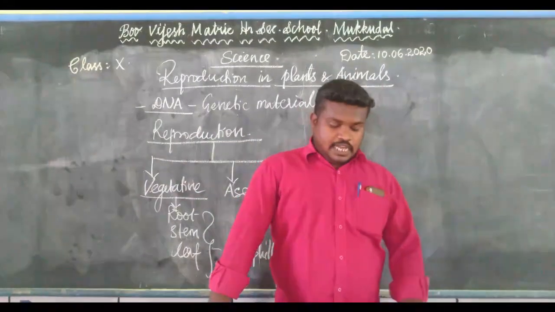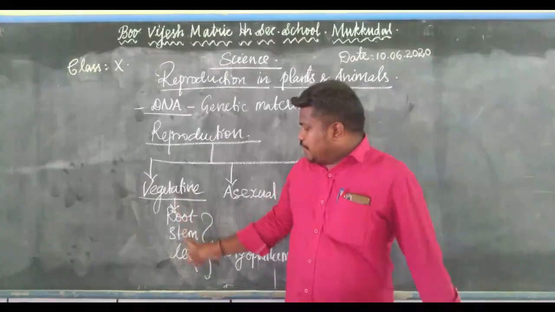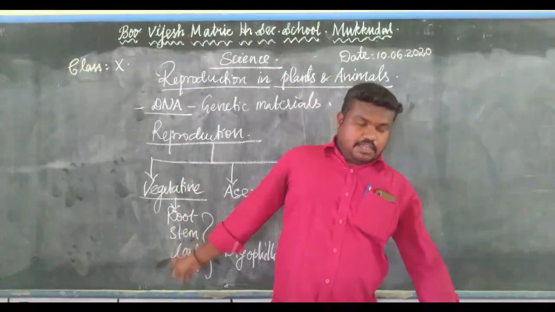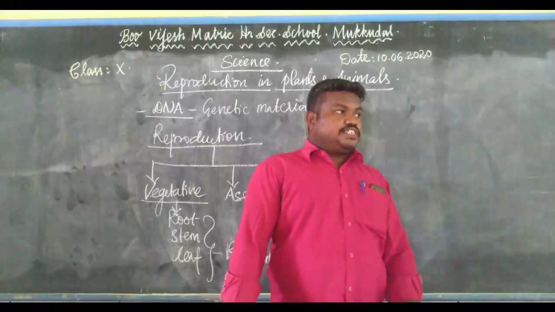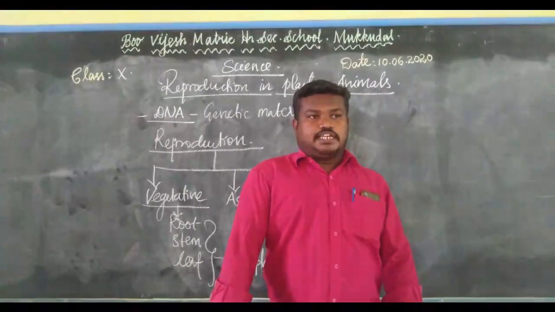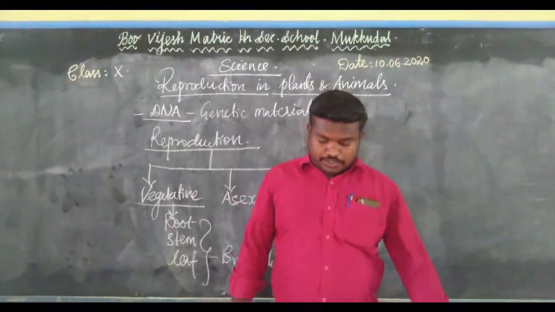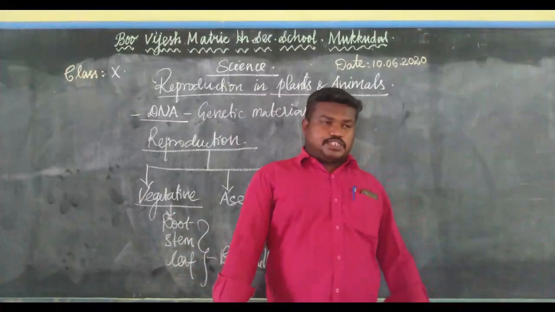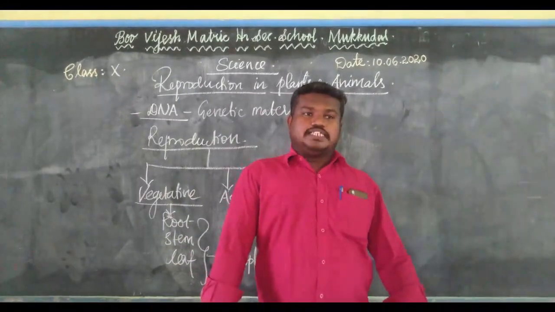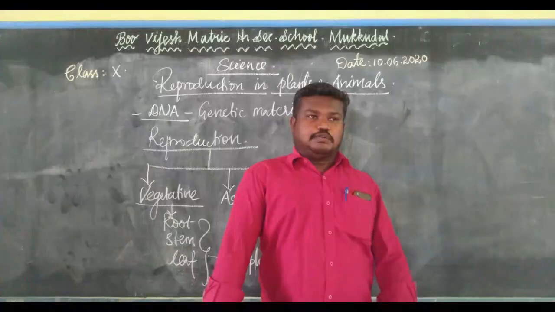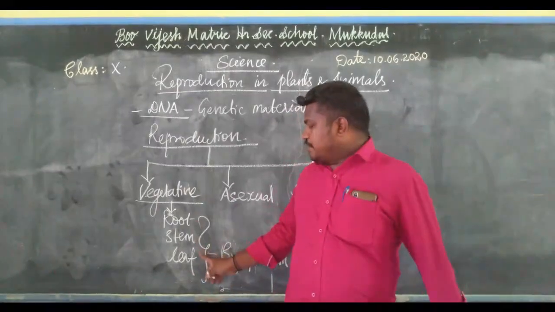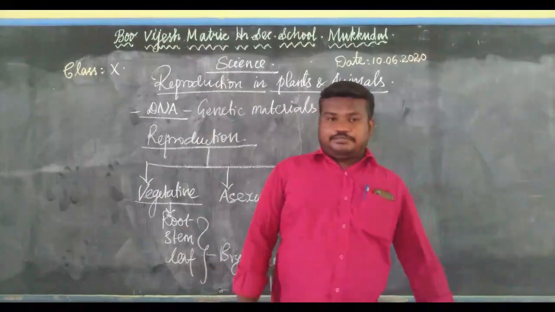That is known as vegetative reproduction in stem. Then root. The vegetative propagation method can be used in the root. For example, asparagus and sweet potato are examples for vegetative reproduction in root.